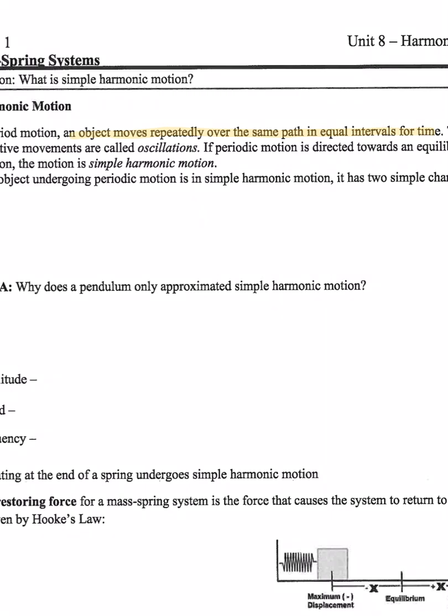Those movements are called oscillations. If the periodic motion is directed towards an equilibrium position, the motion is simple harmonic motion. What that means is it stretches out and goes back through the equilibrium point, back and forth, over and over again, right?